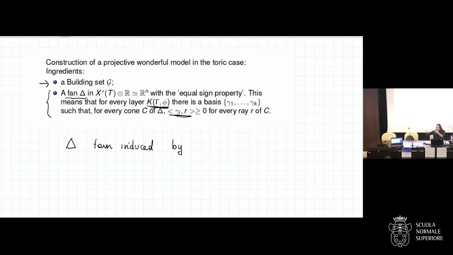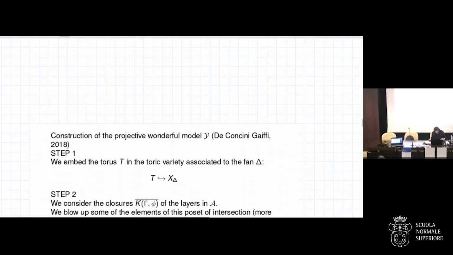So these are exactly the same chambers that Simona drew over there in the last talk. One would end up with a nice fan and building set that allow us to build a projective wonderful model.